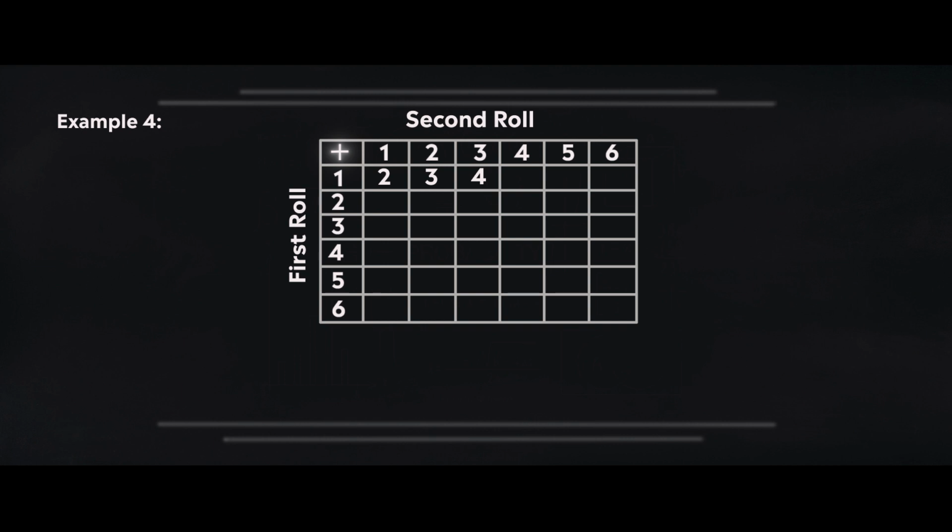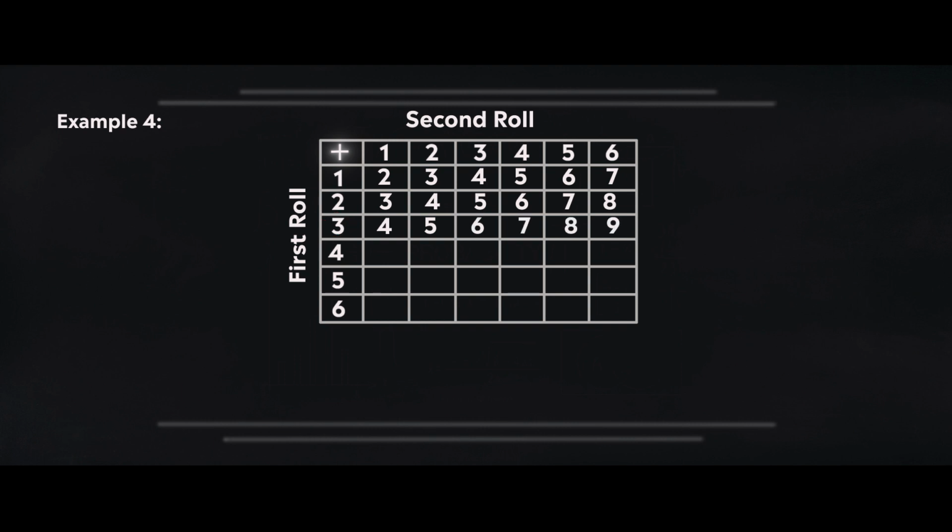The next sums would be 5, 6, 7. And if you happen to roll 2 on the first roll and 1 on the second roll, the sum would be 3, and it continues 4, 5, 6, 7, 8. If you roll 3 on the first roll and 1 on the second roll, the sum would be 4, and next would be 5, 6, 7, 8, 9.